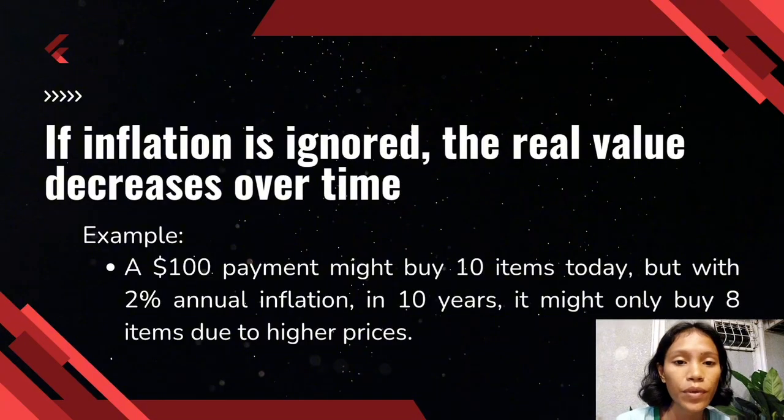For example, a $100 payment might buy 10 items today, but with 2% annual inflation, in 10 years it might only buy 8 items due to higher prices. So that is the third disadvantage of perpetuity. If we ignore the inflation, then the real value will decrease over time as years pass by.